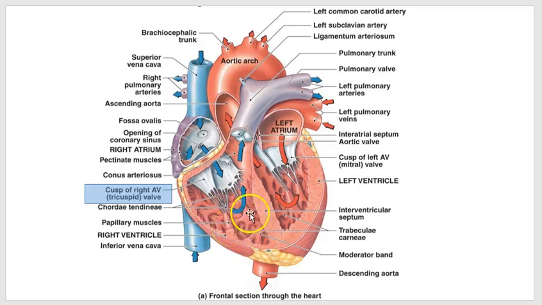And then you can also see this network of trabeculae carneae of the heart muscles lined with endothelium. So these cells are not using the blood that is in these chambers because you have that cardiac circulation.